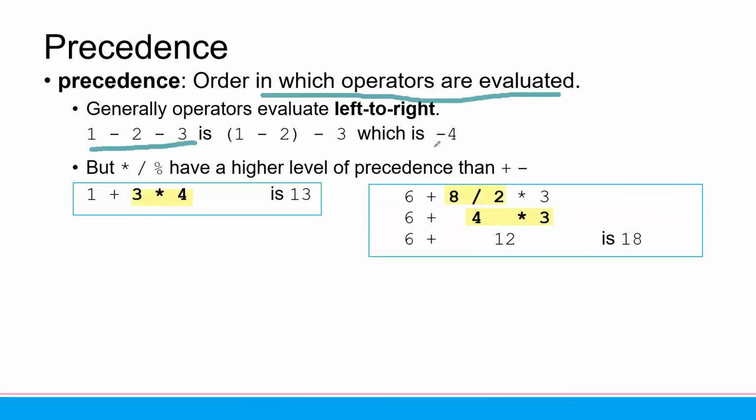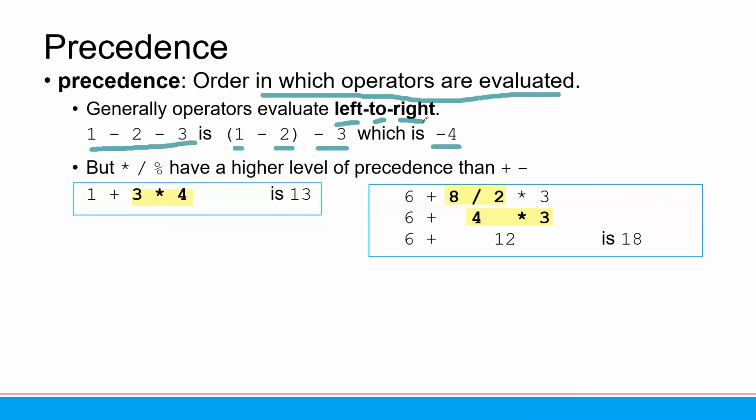It is minus 4, because 1 minus 2 is minus 1, and then minus 1 minus 3 is minus 4. The idea is that we start from left to right.